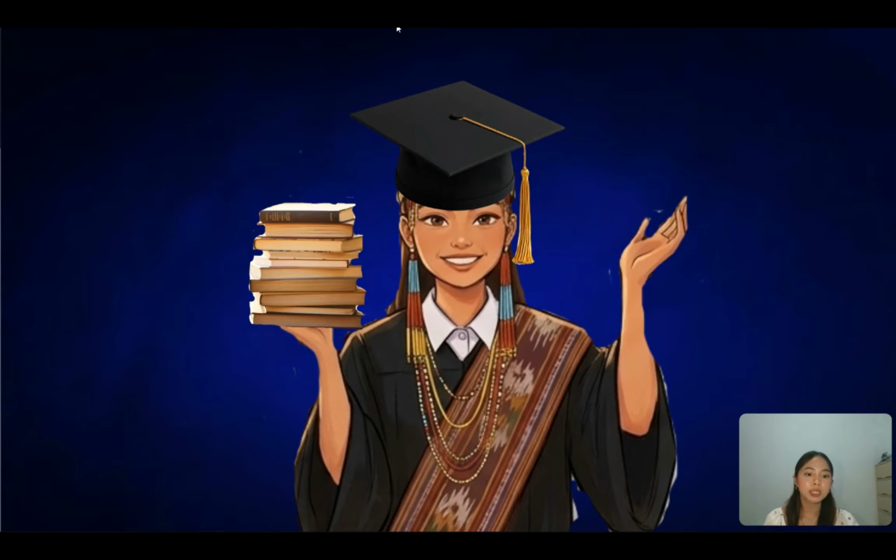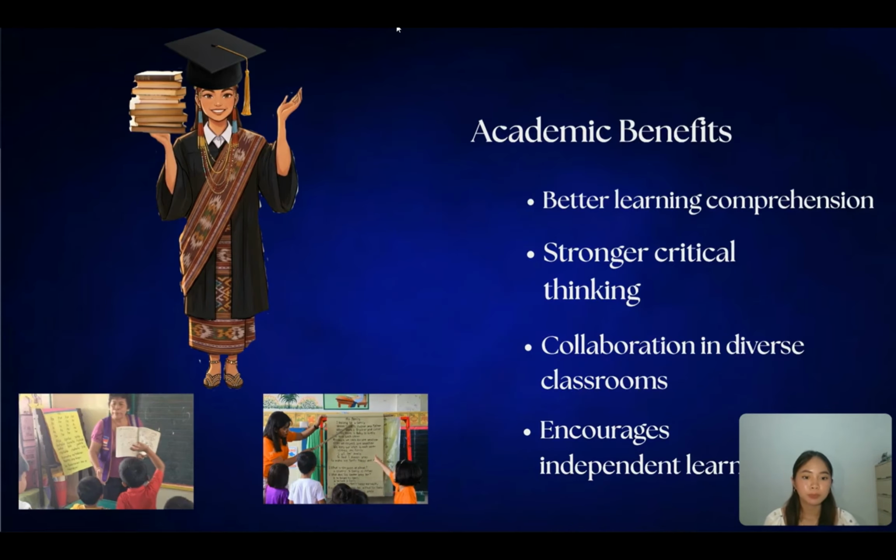Now, she didn't just get the degree. She mastered information literacy. In a world full of noise, she developed stronger critical thinking, and she didn't just survive in a diverse classroom. She thrived, and learned to learn independently.